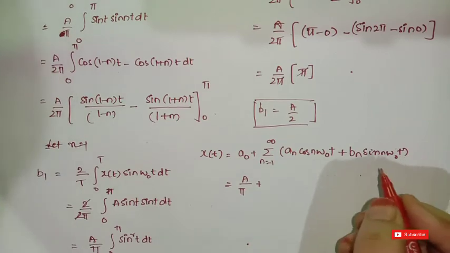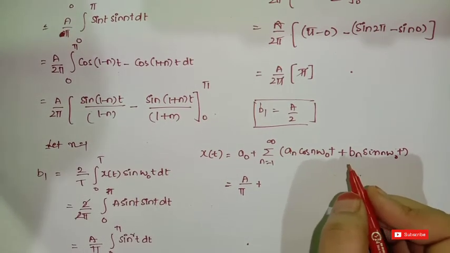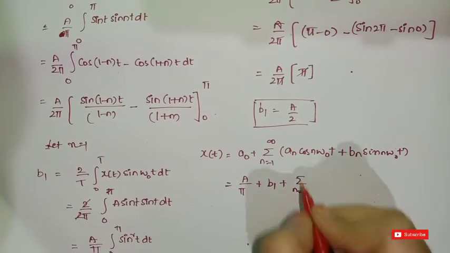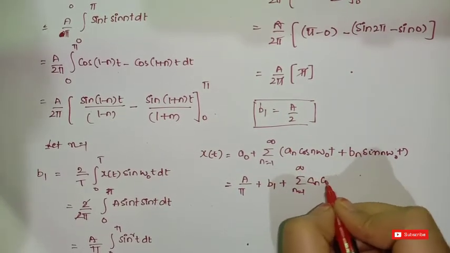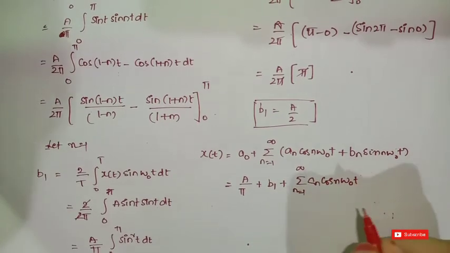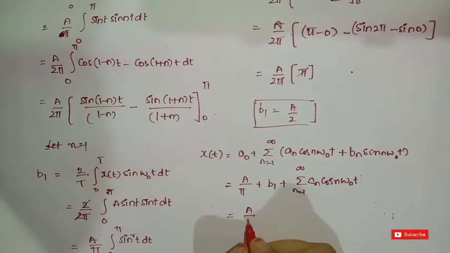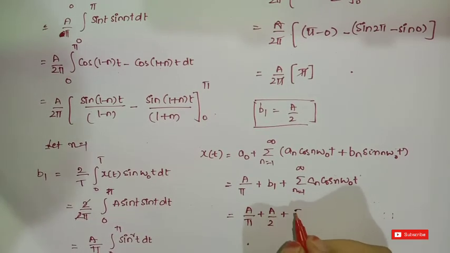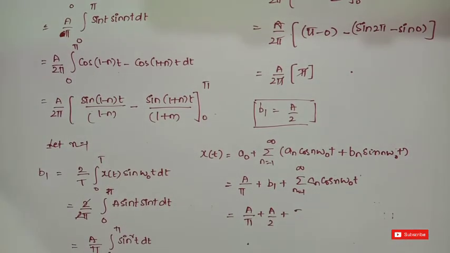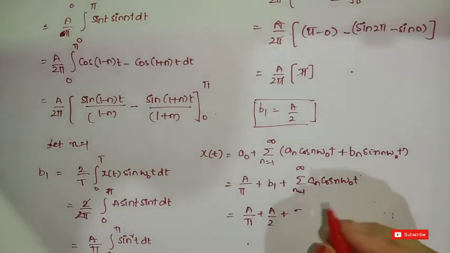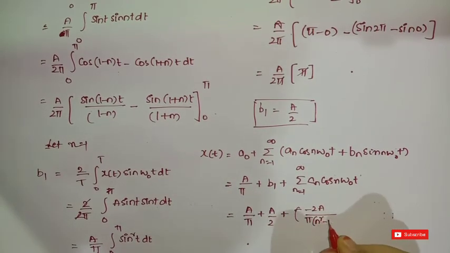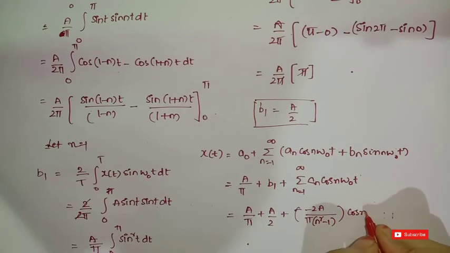In place of bn we have calculated the value of b1, so it is b1 plus sigma n is equal to 1 to infinity an cos n omega naught t. a naught is a by pi and b1 is a by 2 plus sigma n is equal to 1 to infinity. For all odd values of n it is 0, and for all even values of n it is nothing but minus 2a by pi into n square minus 1 into cos nt.